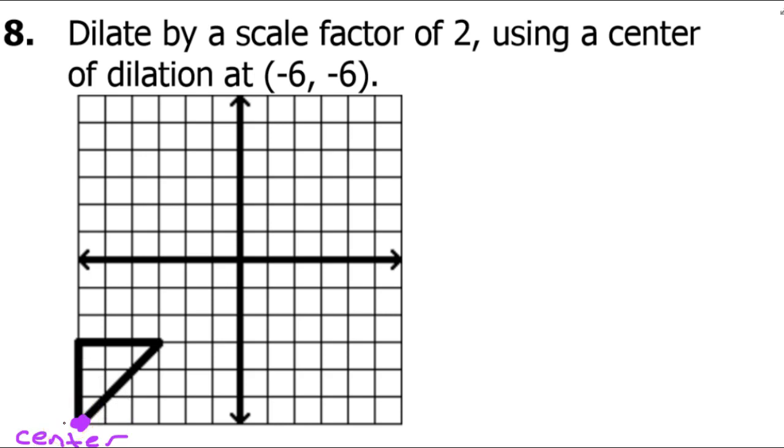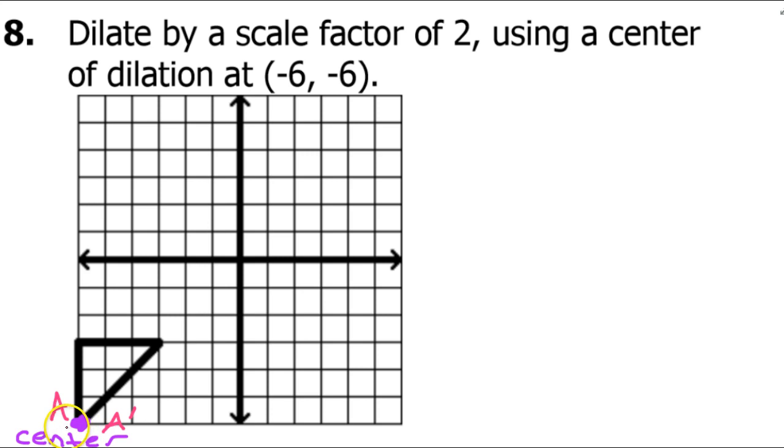So that point, if you're at the center of dilation, it's not going to move. There is no distance that we can multiply by 2. It's on the point. So this is the point, well, let's call it A. And it is also the point A prime. The image doesn't move, it stays right there.